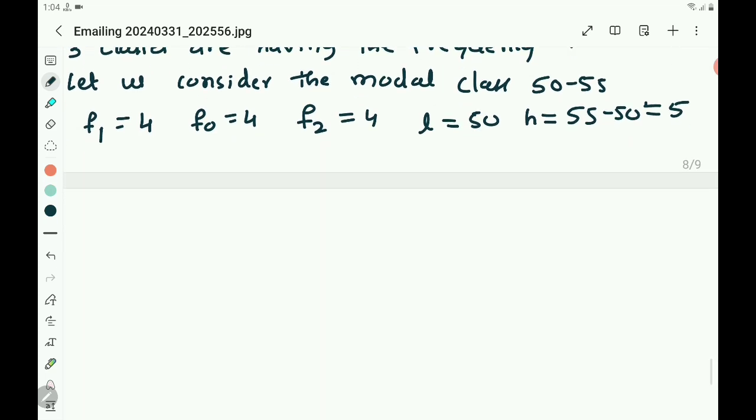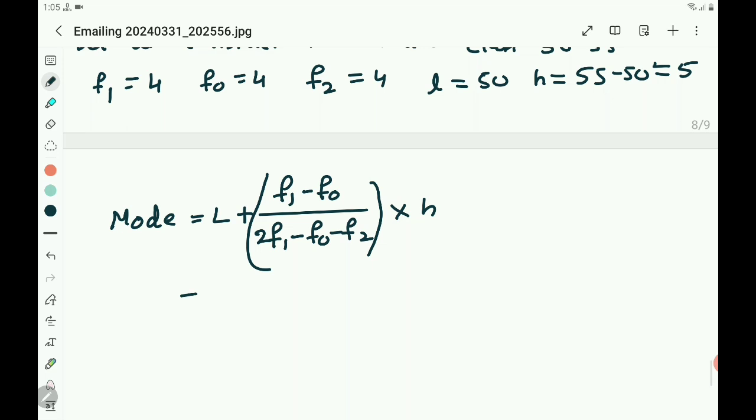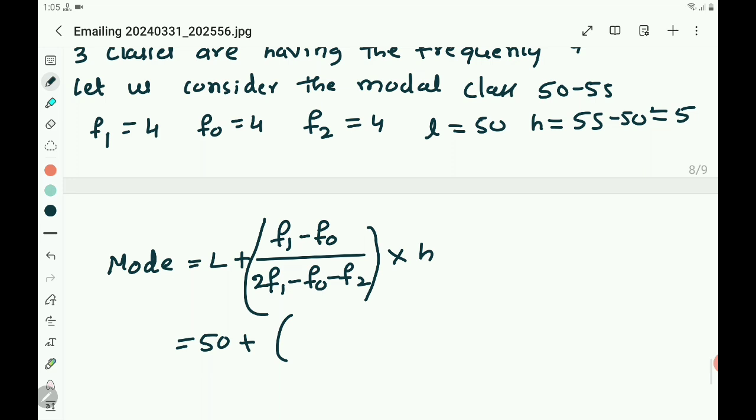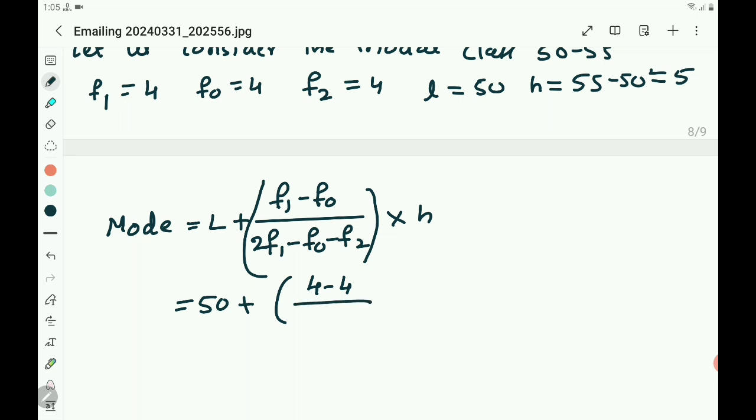Then you write the formula for the mode. Mode equals L plus F1 minus F0 by 2 F1 minus F0 minus F2, into H. Then you write L. L is 50 plus F1 minus F0, which is 4 minus 4, by 2 F1, which is 2 into 4 minus 4, into 5.